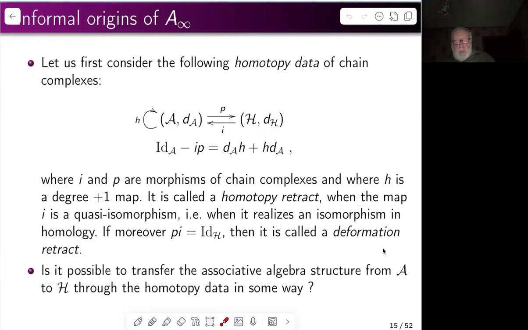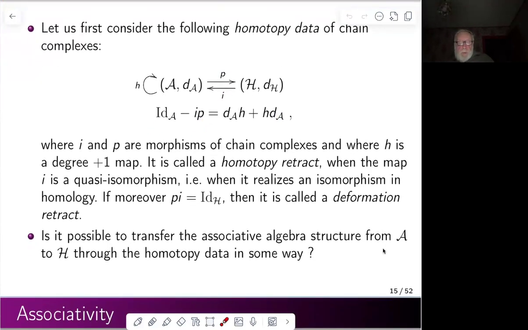And we have a projection P and an inclusion I, two operations from A to H and from H to A, and a homotopy h, an endomorphism of the first complex A. The homotopy condition is that identity minus the composition IP equals dA h plus h dA, so this is a connecting homotopy in this complex.